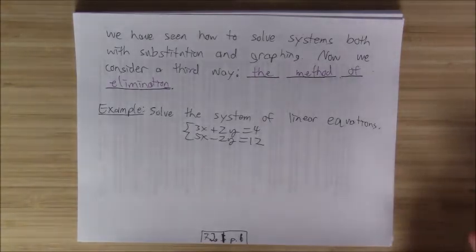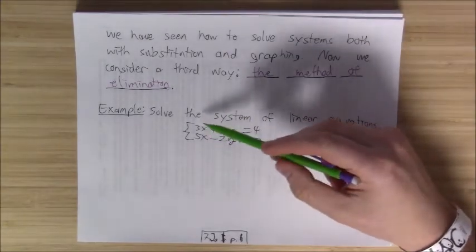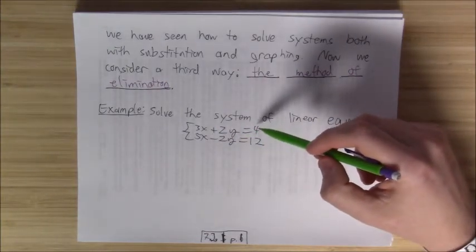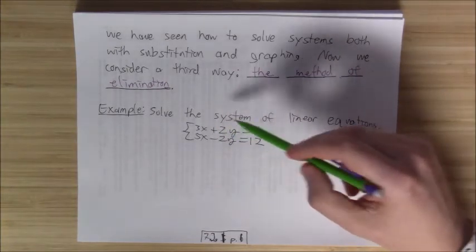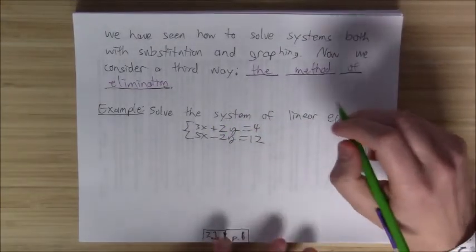The idea of the method of elimination is we want to find a way, possibly by multiplying one of the equations or both by a constant number on both sides, to eliminate one of the variables by adding the two equations.